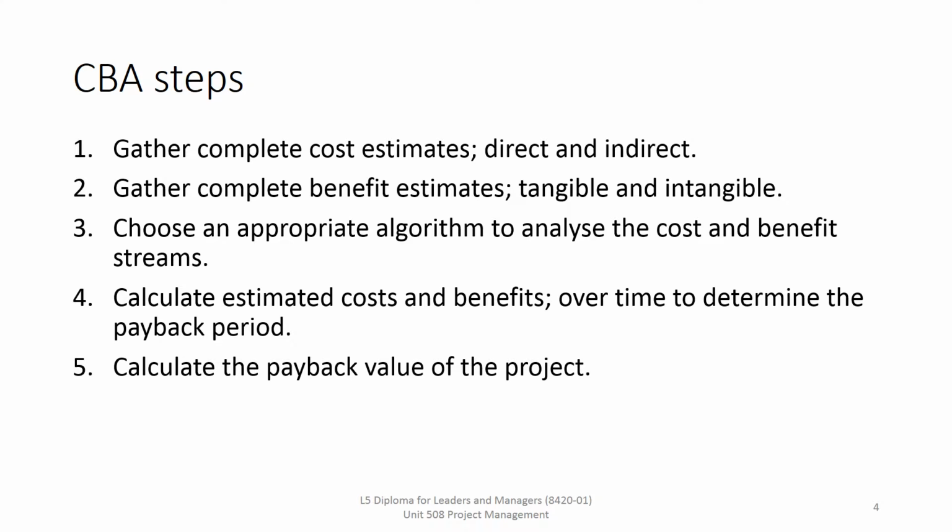They are really qualitative measures, but where possible, we have to express them as a benefit in monetary terms. So we're going to need to calculate them, because we need to compare them with the costs that we've got for initiating the project and putting the project on, I suppose you could say.